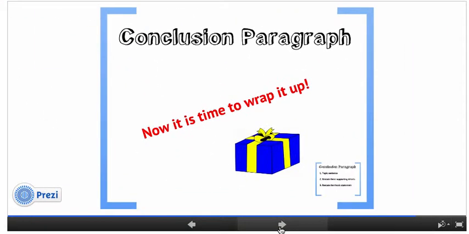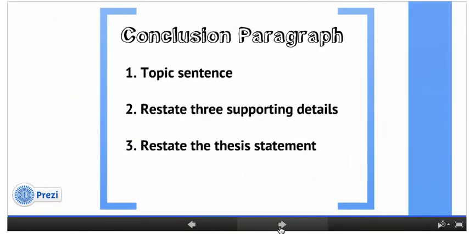Now, the last one is a conclusion paragraph, which is the time to wrap everything up. So you have your topic sentence that says, "This is what we believed." You restate your supporting details, the lack of individuality, the money issue, and then not respecting individuals, or respecting others.